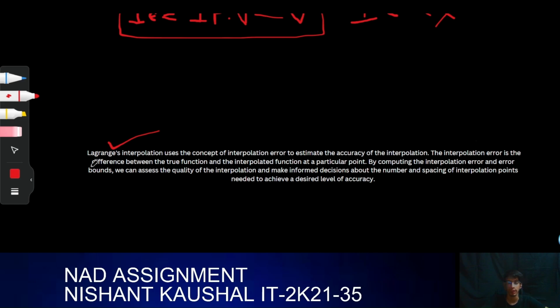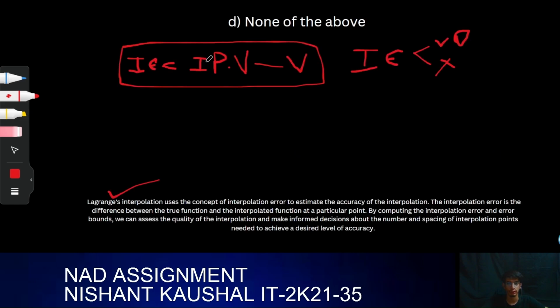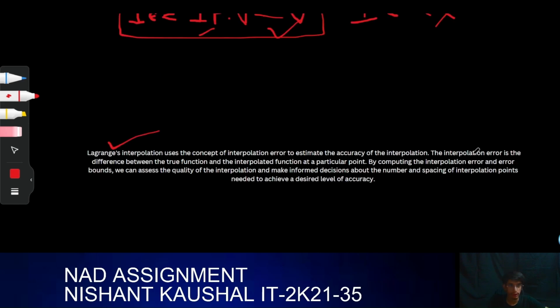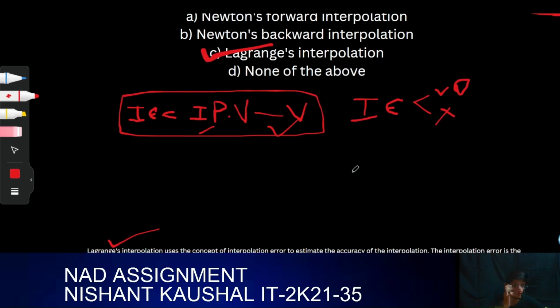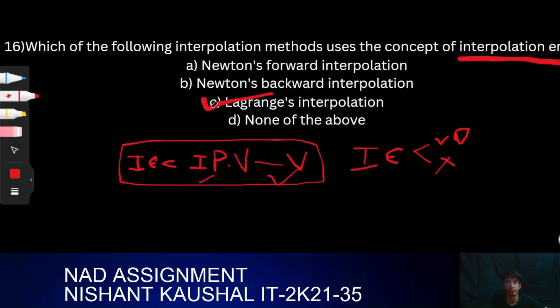The interpolation error is the difference between the true function and the interpolated function. By computing the interpolation error and the error bounds, we can assess the quality of interpolation and make an informed decision about the number and spacing of interpolation points needed to achieve a desired level of accuracy. So it should be C.